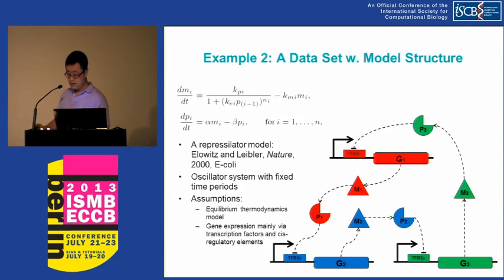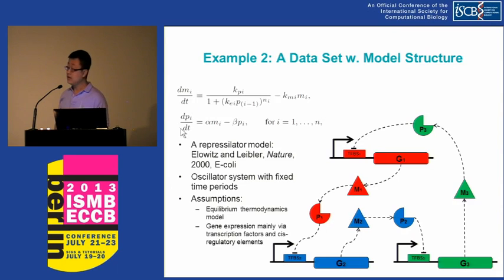We can use ODEs to describe this model. Basically, this equation says that the speed of the change in mRNA is a function of the level of protein i-1, which is its transcription factor, minus the self-degradation rate of this mRNA.